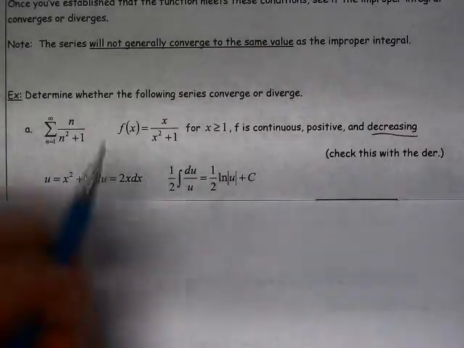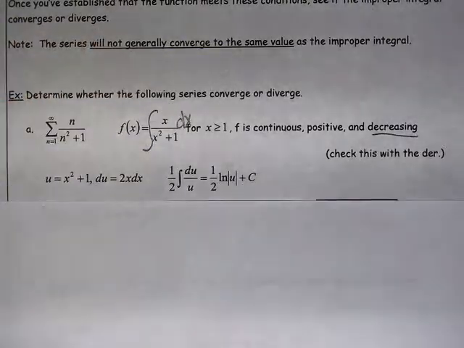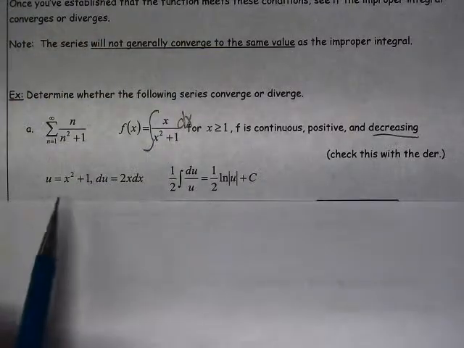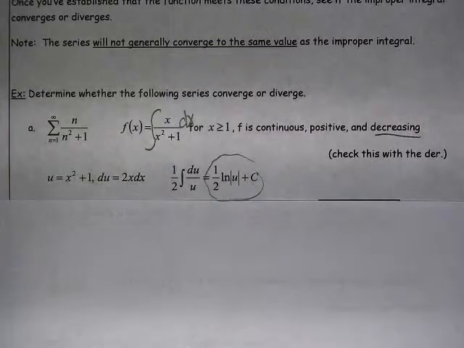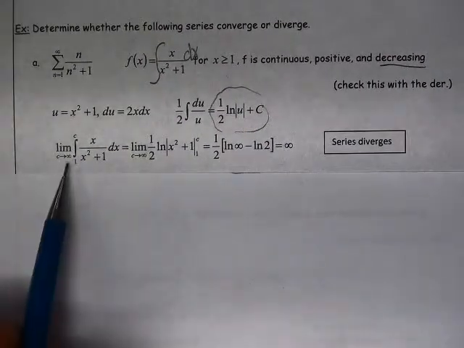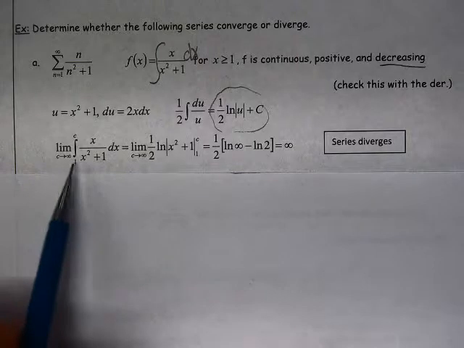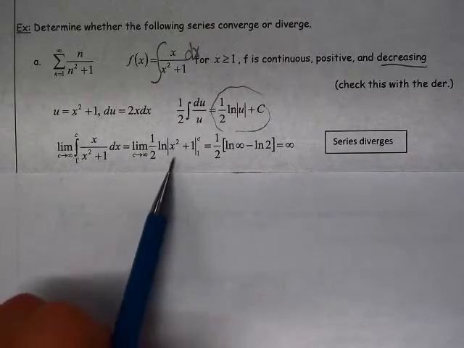So if I think about doing the integral of this function, I could use u substitution, and I would get 1/2 ln of u plus c. And so the improper integral of this function from 1 to c, as c approaches infinity, I do the integration.